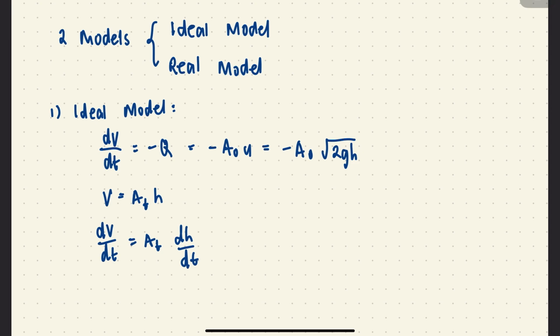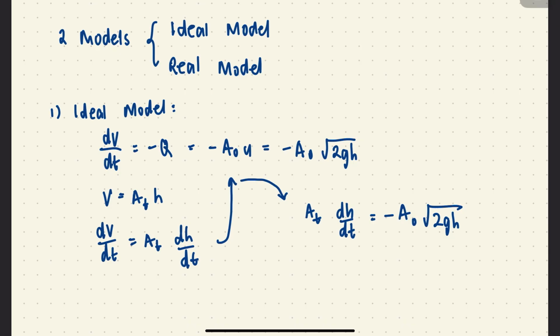So we will replace your dV over dt with A sub T dh over dt, combining it with the original equation from the conservation of mass. So now it becomes A sub T dh over dt is equal to negative A sub O, should be A sub T, square root of 2gh.